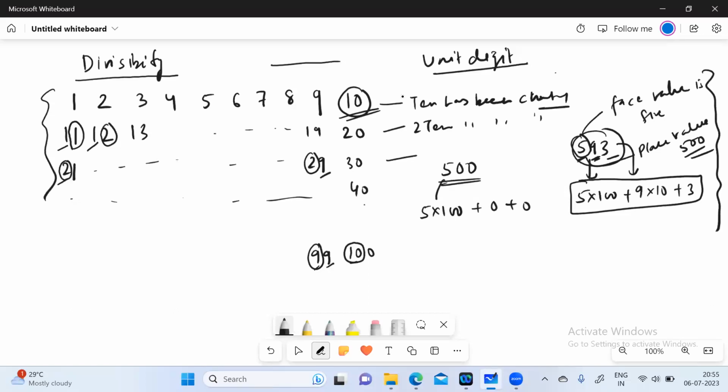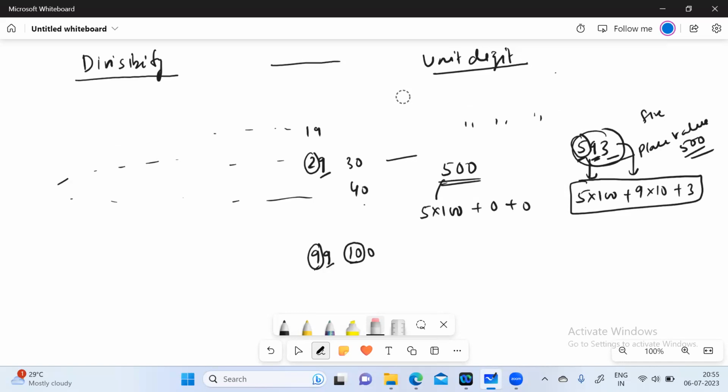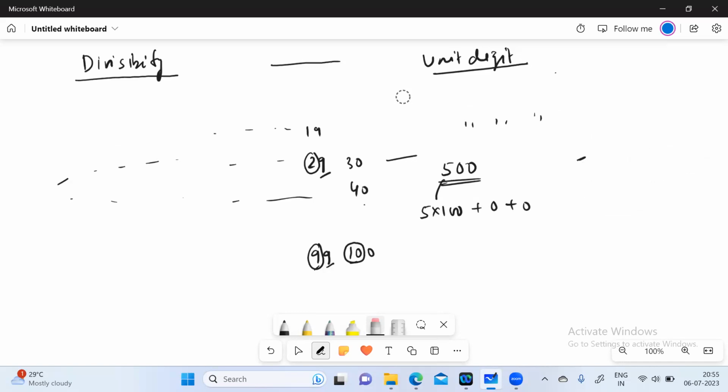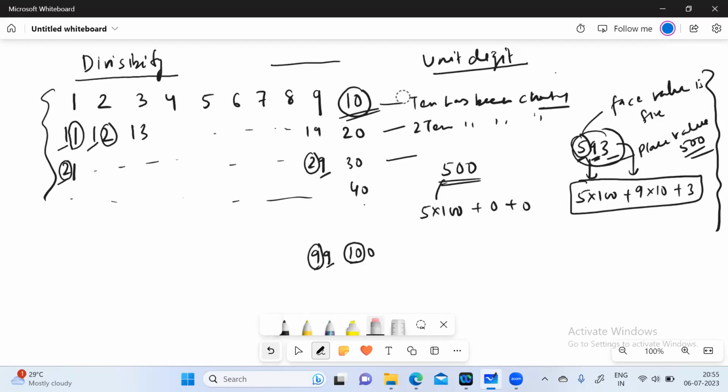Now you know this thing, and with this background, I'll be devising the divisibility rule for different numbers. The first number for which we will devise a divisibility rule will be 2. Why did I explain the entire thing here?